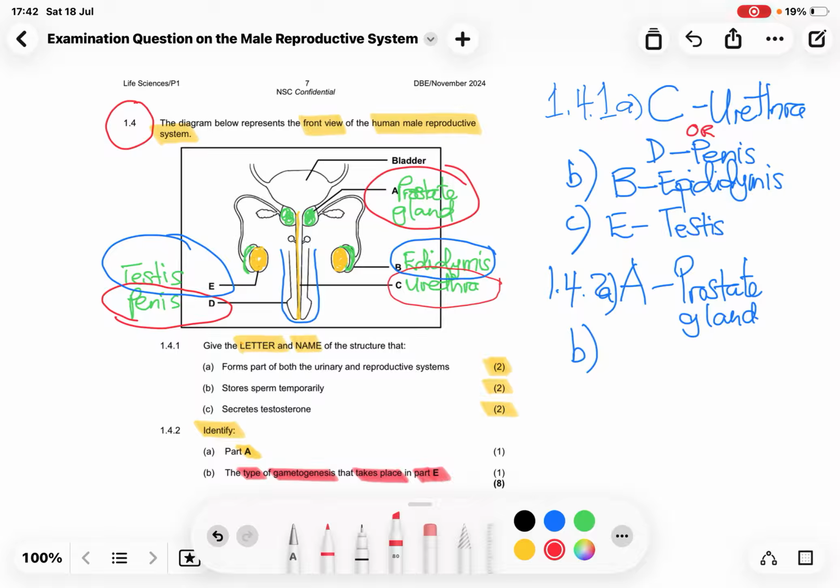For you to be in a position to answer this question, this is what you need to know. And this is how I would analyze this question.